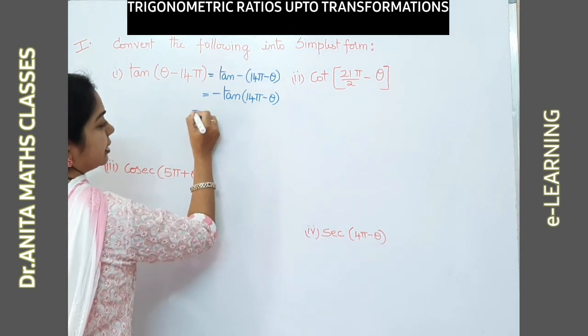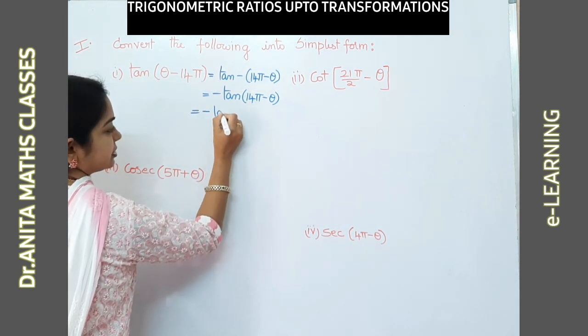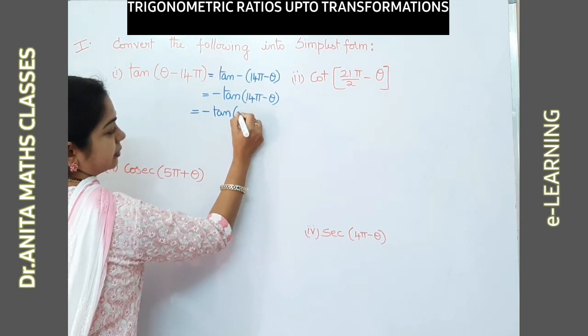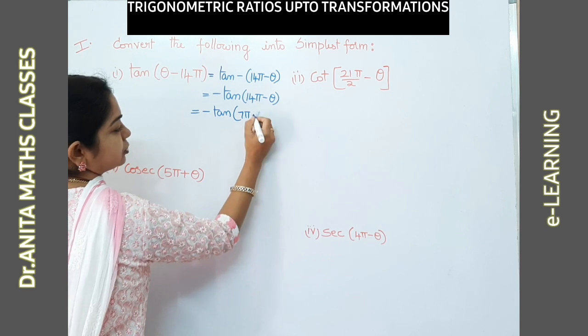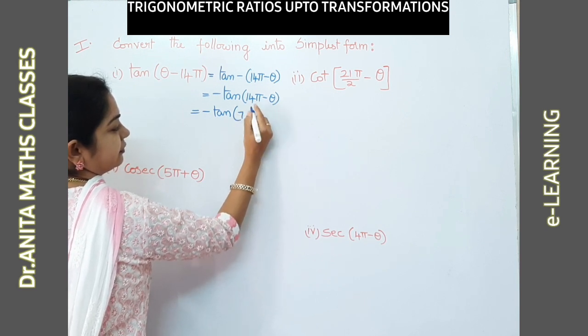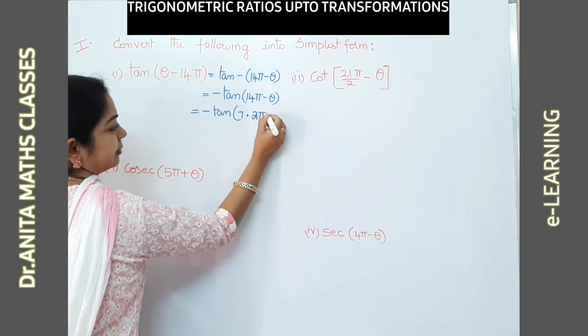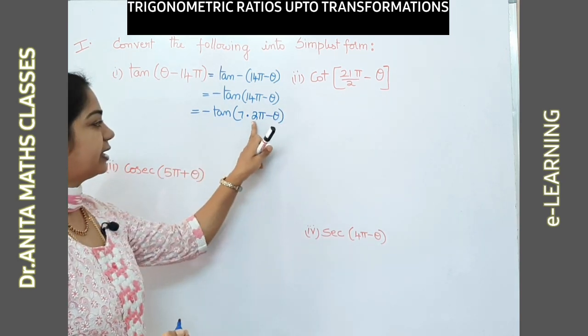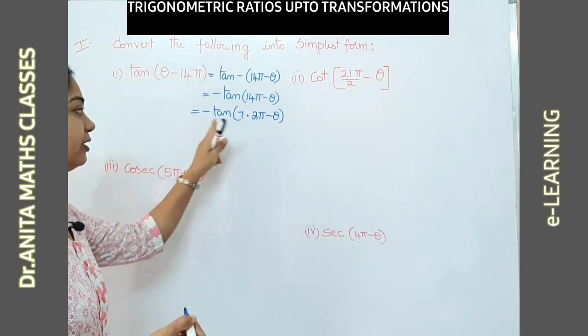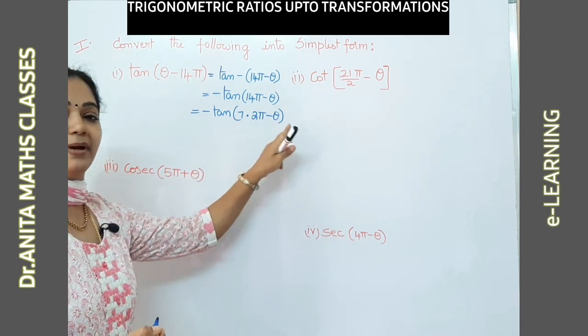Now tan of minus theta is equal to minus tan theta, that is the formula. Here, now 14 pi I can reduce as 7 into 2 pi minus theta, isn't it? Here we can apply the formula of tan of (n into 2 pi minus theta).